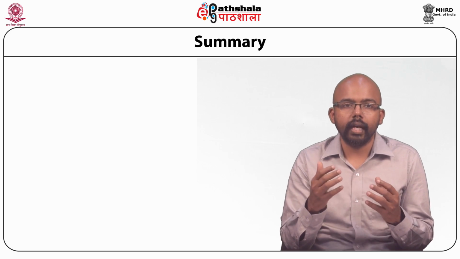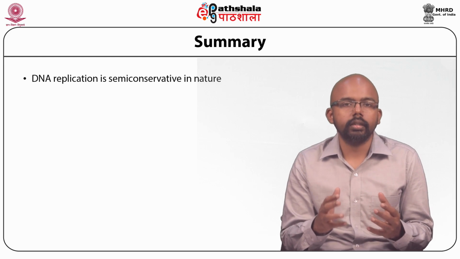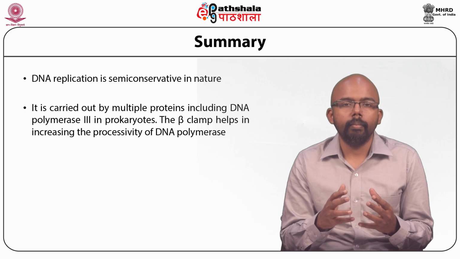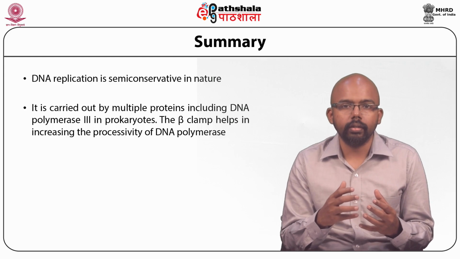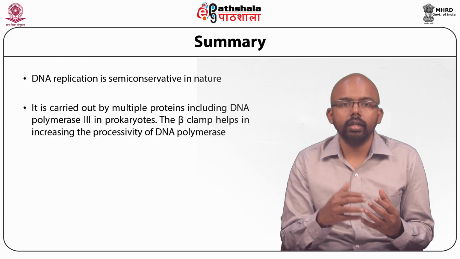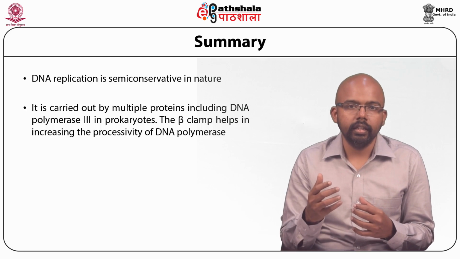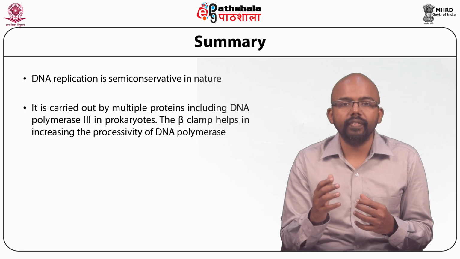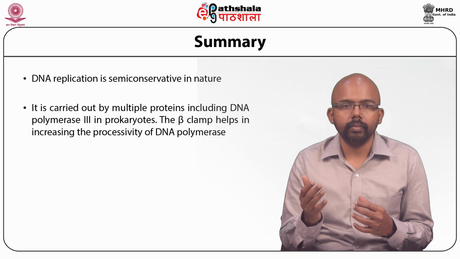You should know that DNA replication is semi-conservative in nature. It is carried out by multiple proteins in prokaryotes, the most important of which is DNA polymerase 3. The beta clamp helps in increasing the processivity of DNA polymerase.